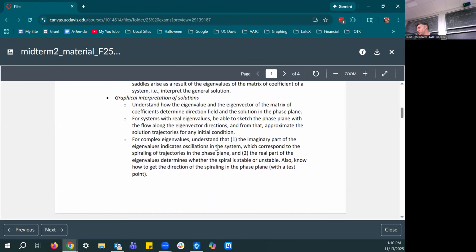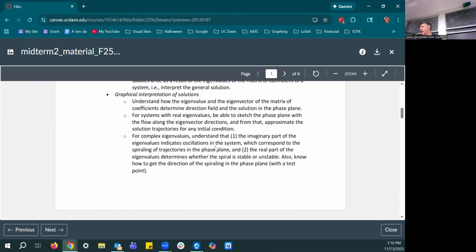Okay, this next part might be a little bit more intense. Graphical interpretation of solutions. Understand how the eigenvalues and the eigenvectors of the matrix of coefficients determine the direction field and the solution in the phase plane. Okay, so to me, that's saying drawing the eigenlines. You kind of need to draw the eigenlines too.